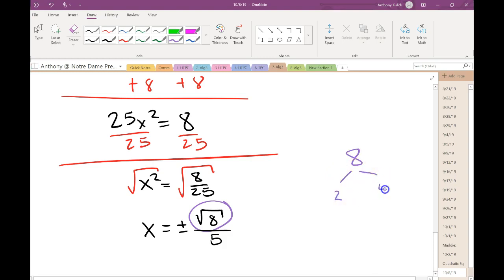If I do a prime factorization of 8, I get that 8 is equal to 2 times 2 times 2, right? So inside of there, I noticed that I had a perfect square. So if I want to talk about the square root of 8, I can think about it as the square root of 2 times the square root of 4, which is just regular 2.